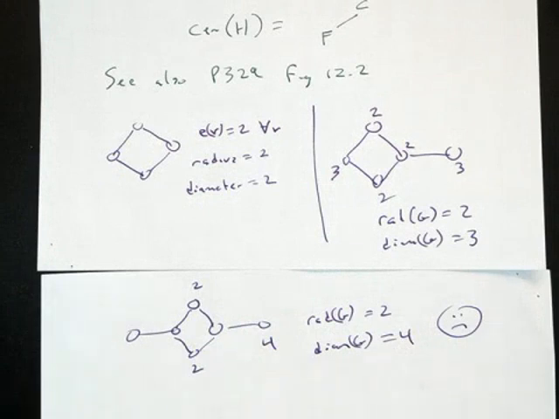It would have been so nice. No, the radius is not only not half the diameter, it could be the same as the diameter, or half the diameter.